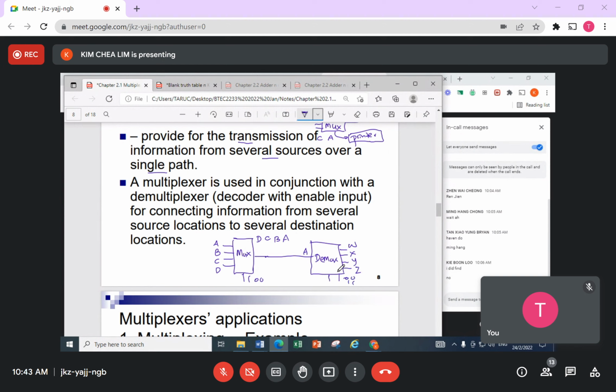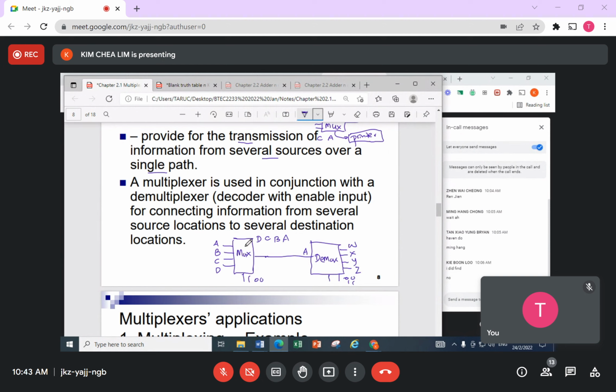Then B will go to Z. C will go to, say, for example, Y, which is 1, 0, and D, let's say, goes to X, which is 0, 1. So the synchronization of your selectors is very important. Otherwise, you will be sending information to the wrong place. If it's confidential, then it's finished. All right.